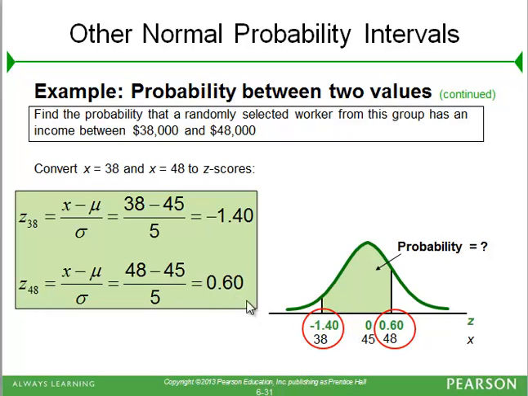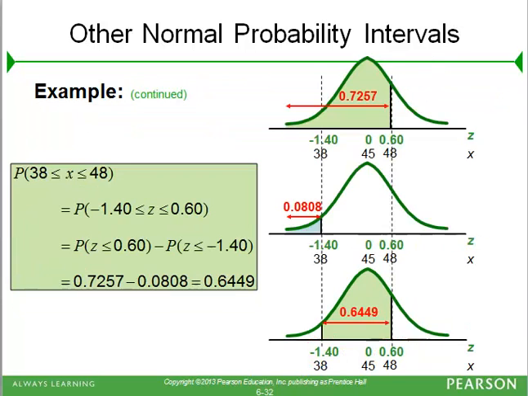And then we're going to use the z-table to look up the areas, the probability for each z-score. Using the z-table, you can find out the area of this part for the 48. Then you find out the area of this part for the 38. So you use the bigger area minus the smaller area, you get the area of the middle. So the probability of the values falling into the range of 38 and 48 is 64.49%.